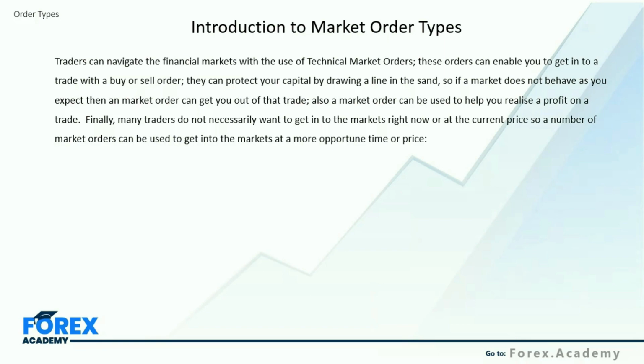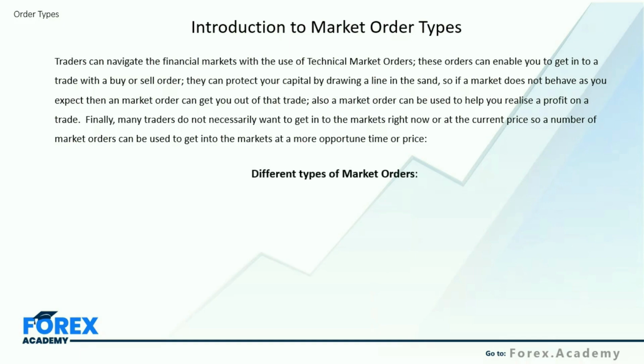And finally, many traders do not necessarily want to get in to the markets at any particular point in time, or even perhaps the current price, depending on what's going on with price action. So a number of market orders can be used to get you into the market at a more opportune time of price.